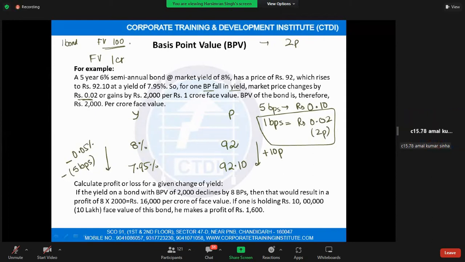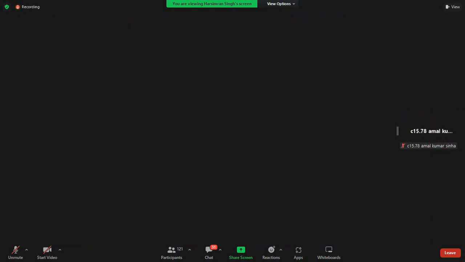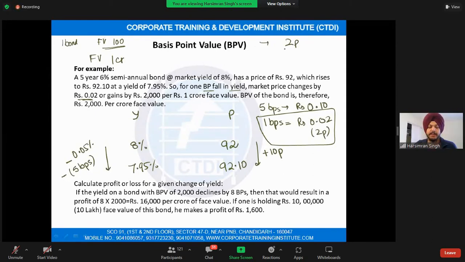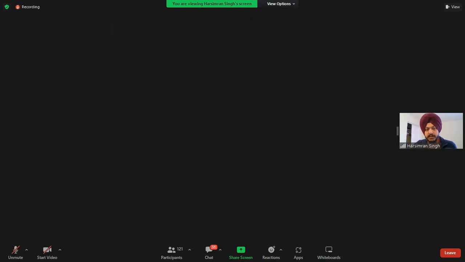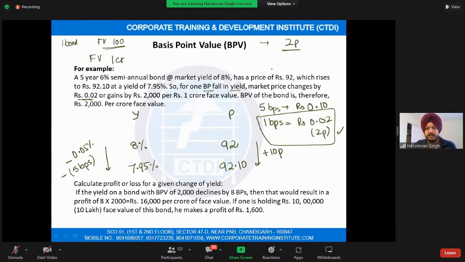For one bond, if the change is 2 paisa, for 1 lakh bonds the change will be 0.02 into 1 lakh. How much will it be? Rupees 2000.